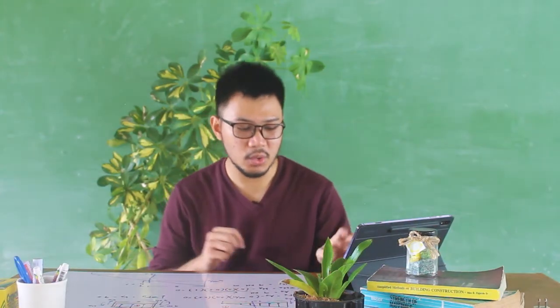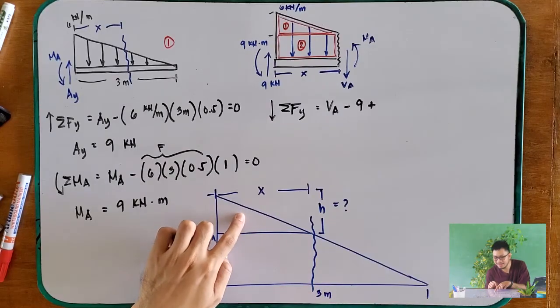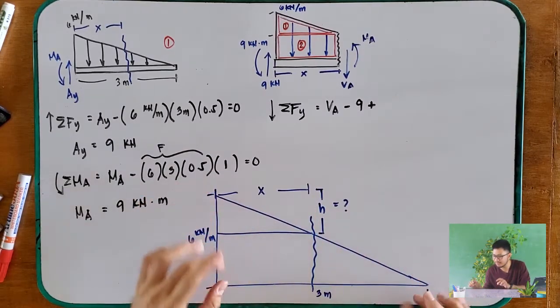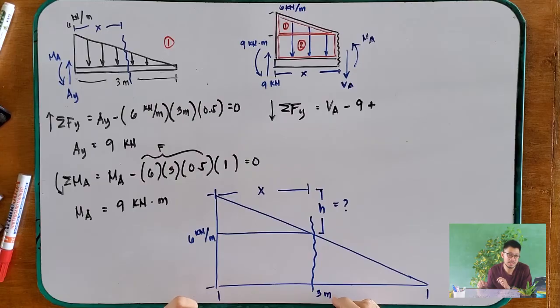But we knew that this little triangle right here and this big triangle right here has the same slope. So we can use the same slope formula. So ganitong same slope formula, slope 1 is equals to slope 2 and slope is equal to rise over run.